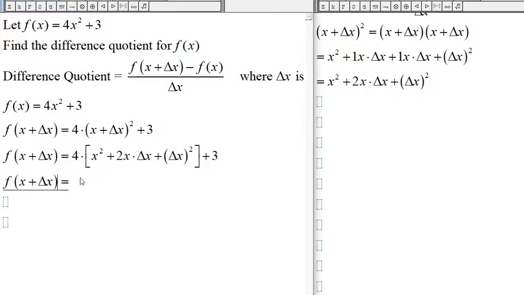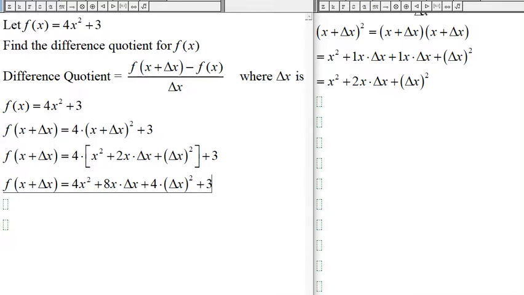So this will be 4x squared, and then plus 4 times 2 is 8x times delta x, and then plus 4 times delta x squared, and then plus 3. So this is f of x plus delta x.